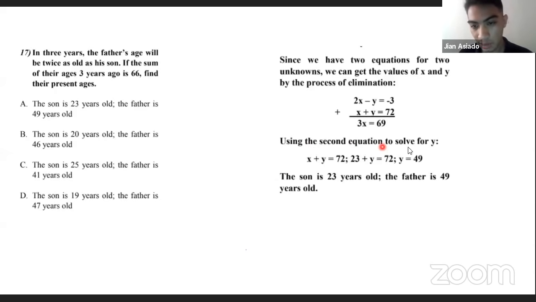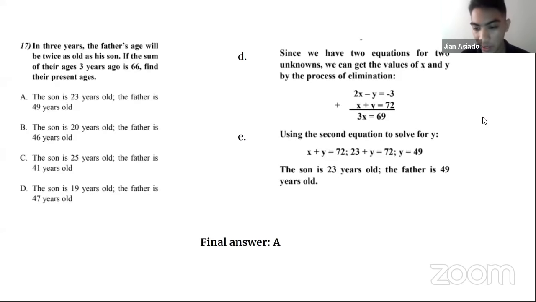Tapos, ayan, using the equation to solve for y, no? May x value ka na. No, ang x value mo ay 23. Okay? So si 23, siya si x, 72, so si y mo ay 49. So si son ay 23, then si father ay 49. Ayun, so final answer ay A.